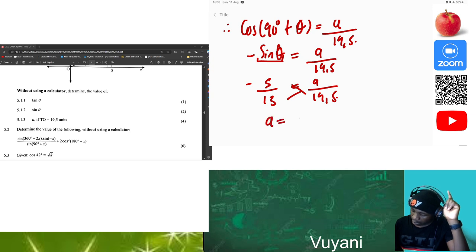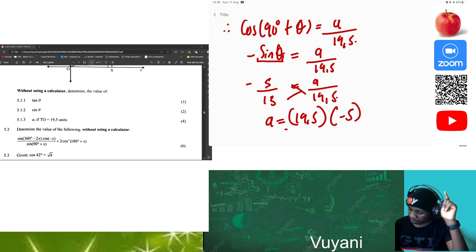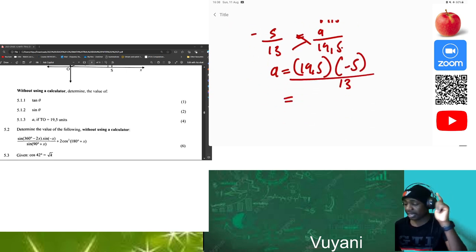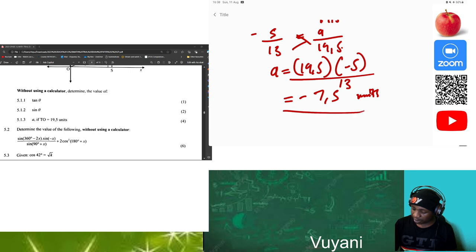Then A will be equal to 19,5 times negative 5, divided by 13. Then we use our calculator to get the answer. Using your calculator or using mine, I am getting negative 7,5 units. So my A is equal to negative 7,5 units.